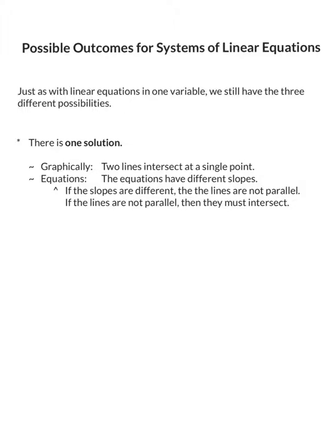So one of the things to note is when we were in the previous chapter, we talked about intersecting at a right angle. And in this chapter, we're just going to generalize it to intersect, period.